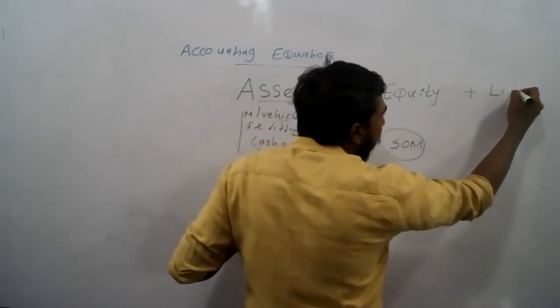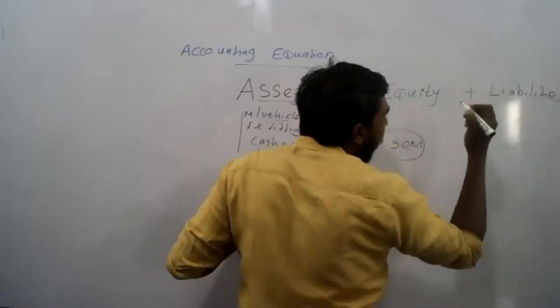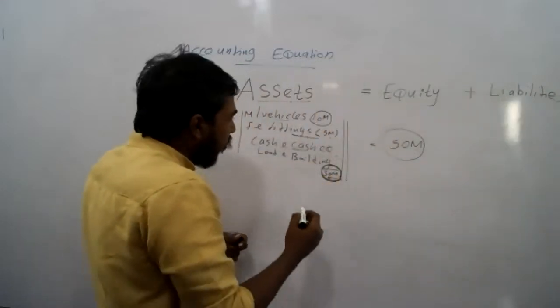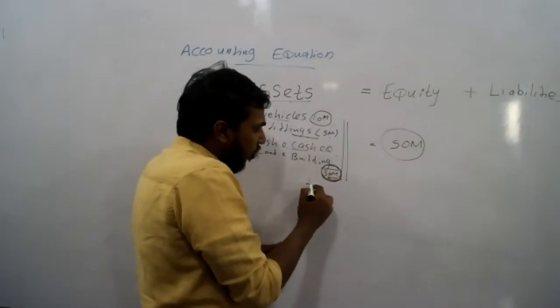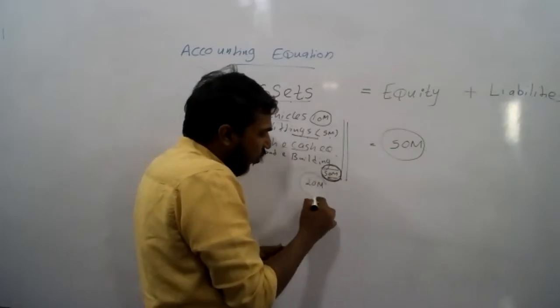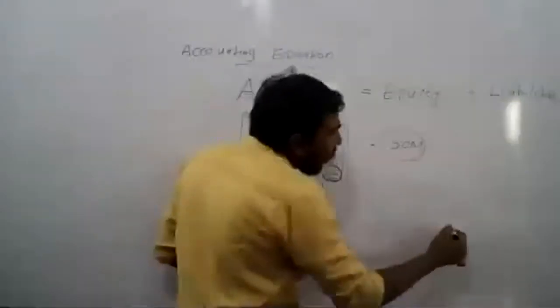So then here comes the liability. Say you want 20 million cash. So assets 20 million, you require the cash, but you can finance it through a loan.